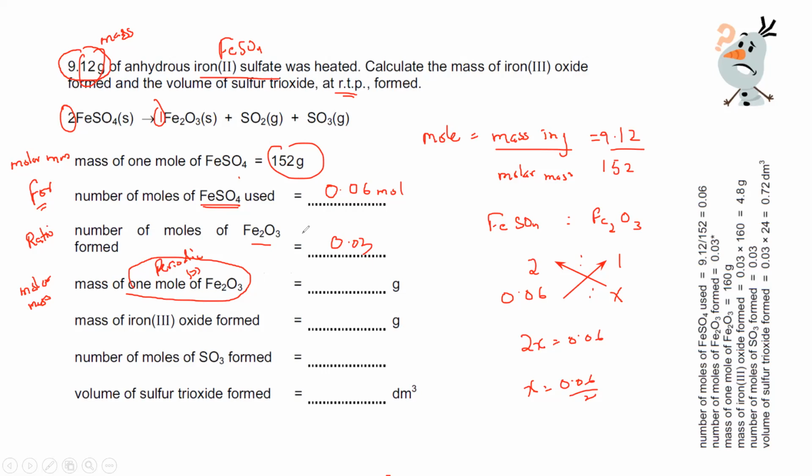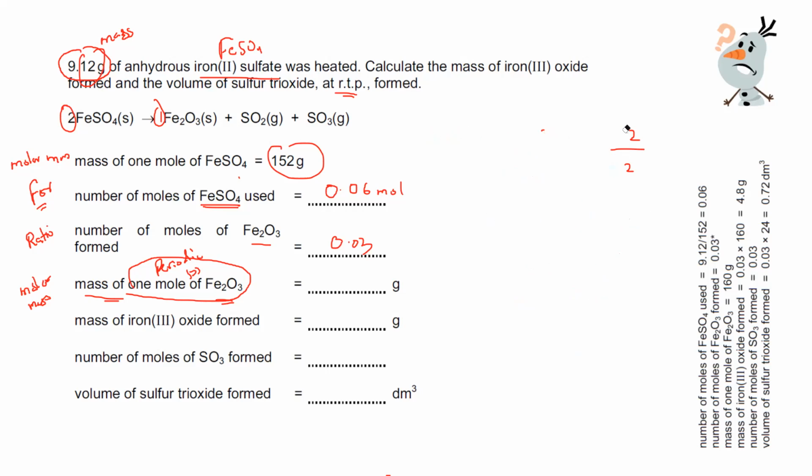So we use a periodic table to get the molar mass. This is the extra thing they added here. Some of the questions do not include this part and you have to directly get the moles. But here they added this part that you have to find the molar mass. So how to get the molar mass of iron 3 oxide? We will check the periodic table.